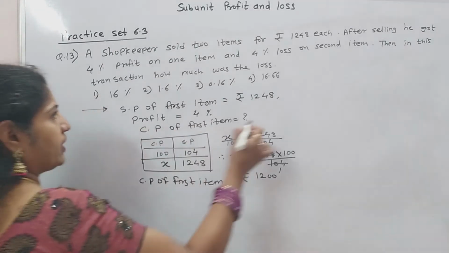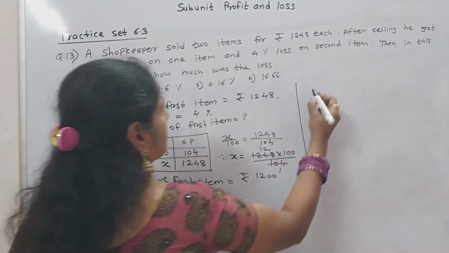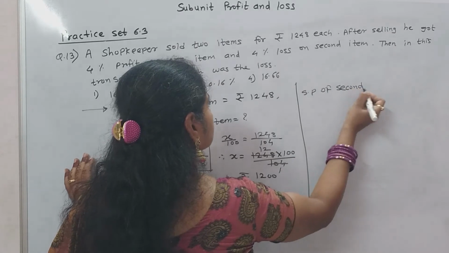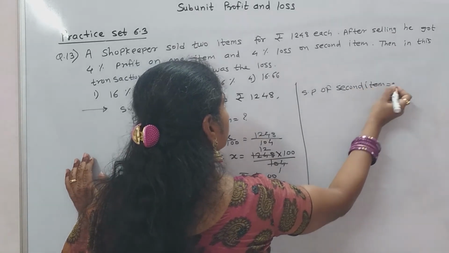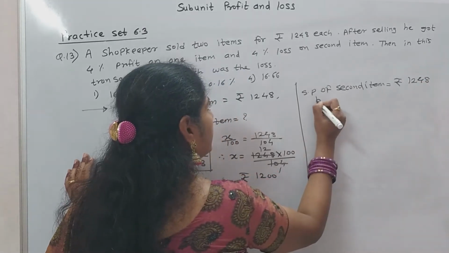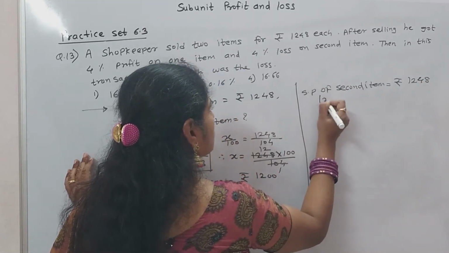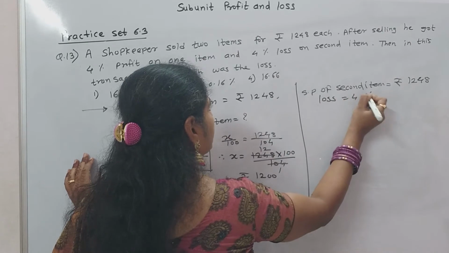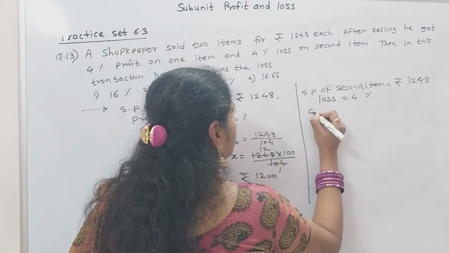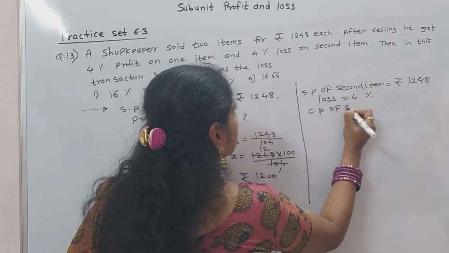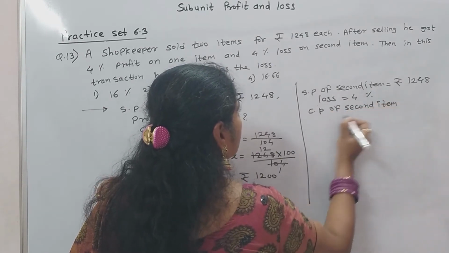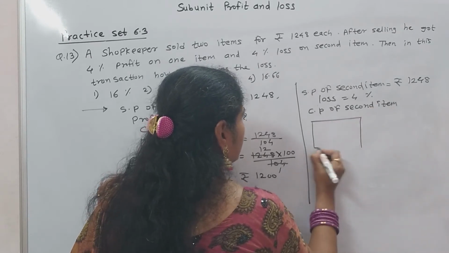Now in a similar way, the selling price of the second item is rupees 1248, but there is a loss of 4%. We have to calculate the cost price of the second item by using direct variation.